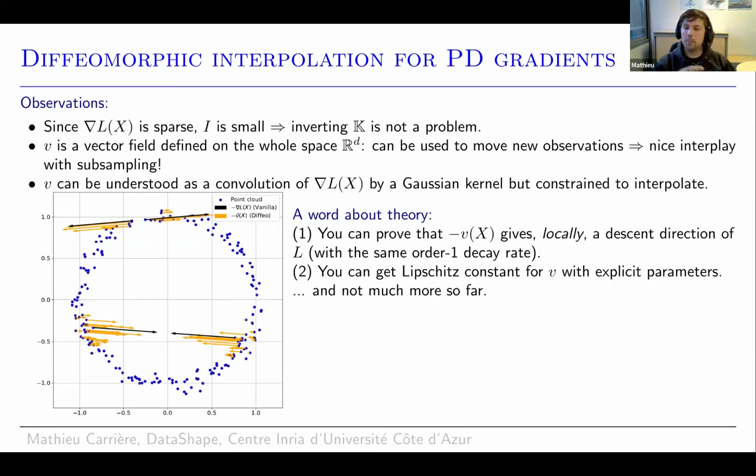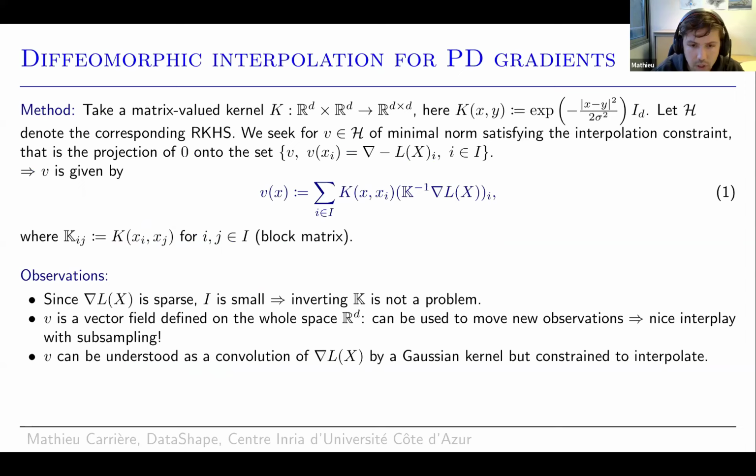Okay, so how different is the application of the vector field for 2 close points? Definition of the Lipschitz constant. We could bound this by a few terms that depended, for instance, on, as you can intuitively guess, the bandwidth of the Gaussian kernel, right? If you have a big bandwidth, you're impacting more points, but also the condition number of the block matrix.